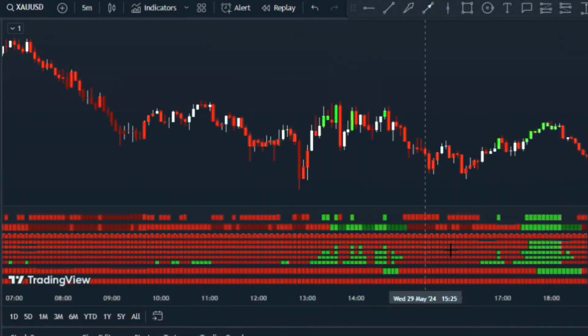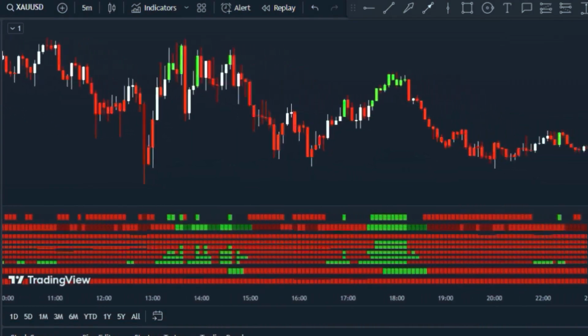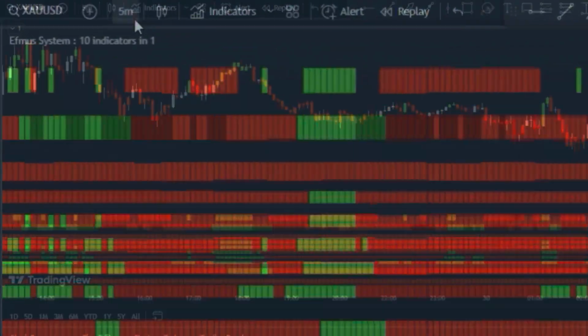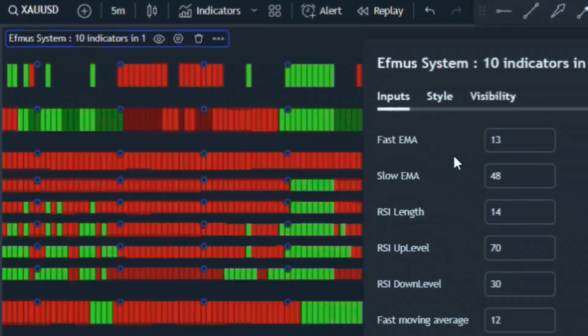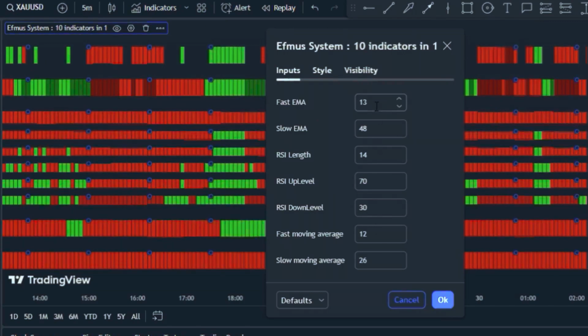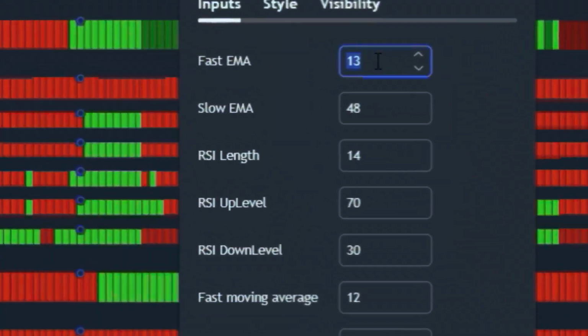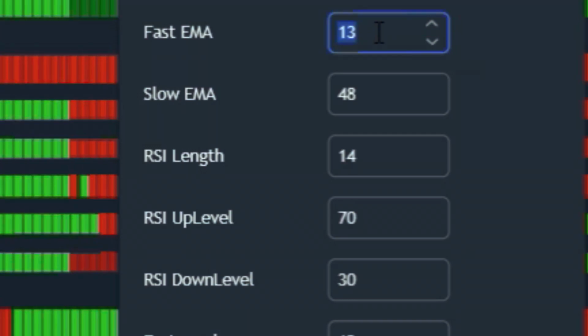FAS System needs some tweaks to work best for us. Here's what you do. Find the indicator name, spot the little gear icon and give it a click. That'll open up the settings where we can adjust it to our trading style and make it even more powerful.